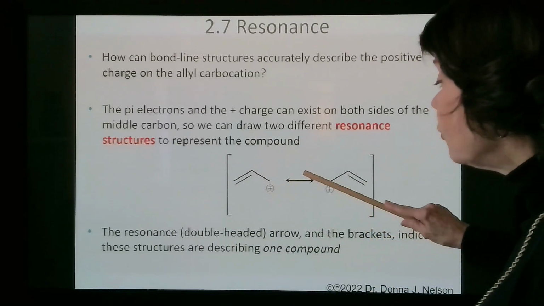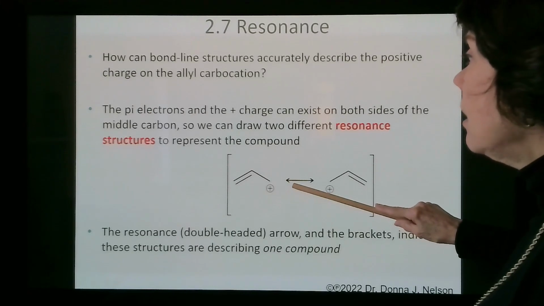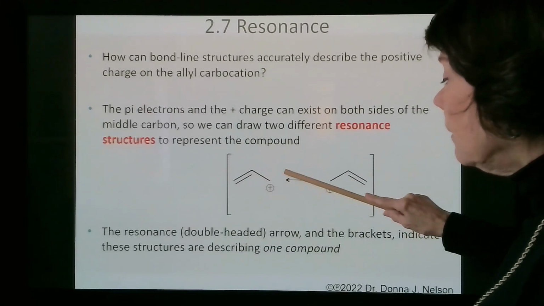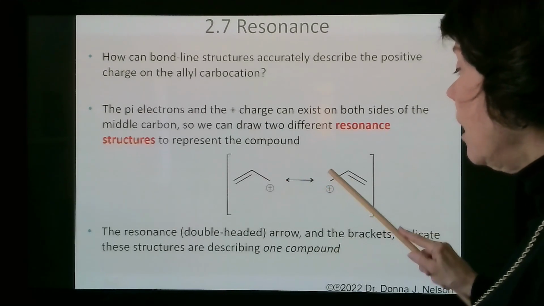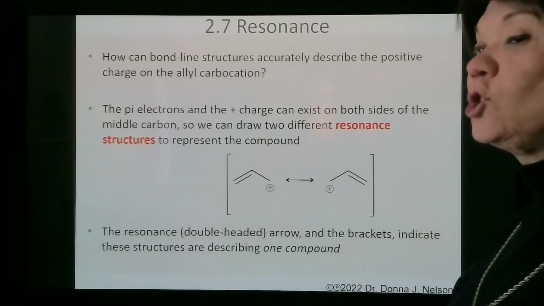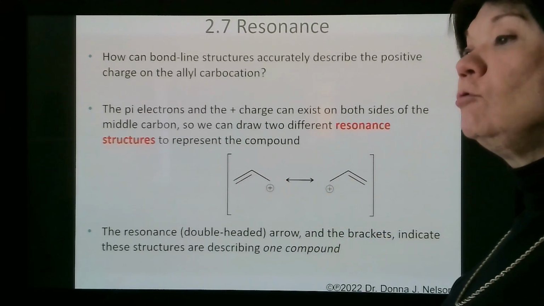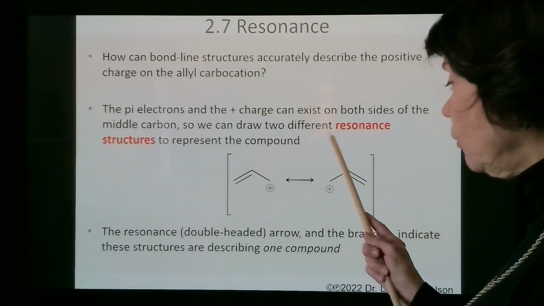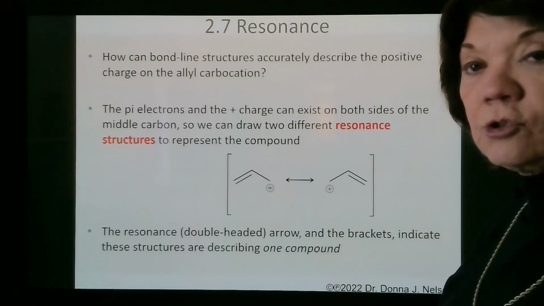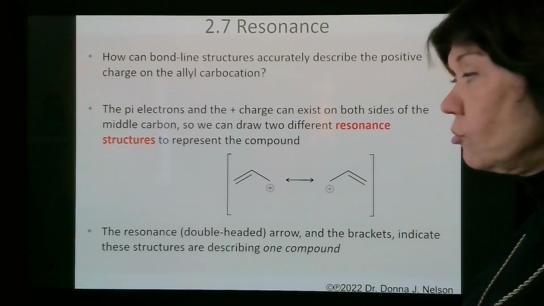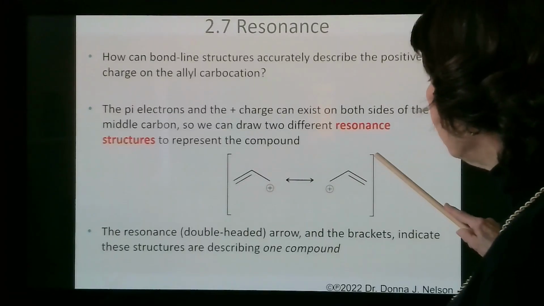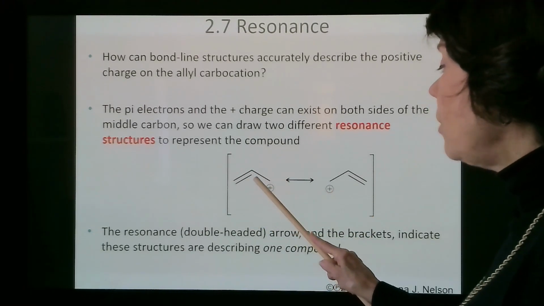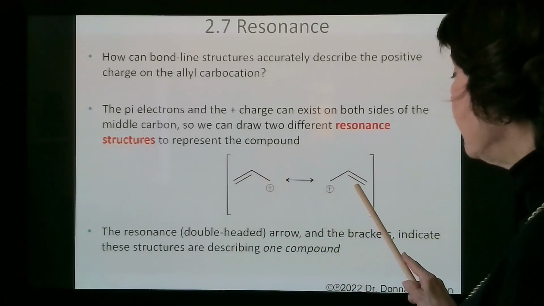The resonance structures are drawn using this double-headed arrow. This arrow is special, and it is used only in drawing resonance structures. If you see that arrow, you're dealing with resonance structures. The resonance structures are also put in brackets to indicate that you don't have this structure and you don't have that structure.